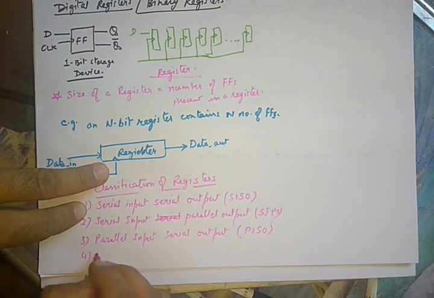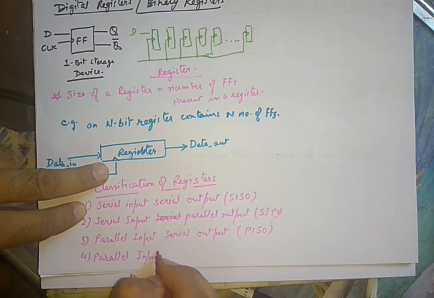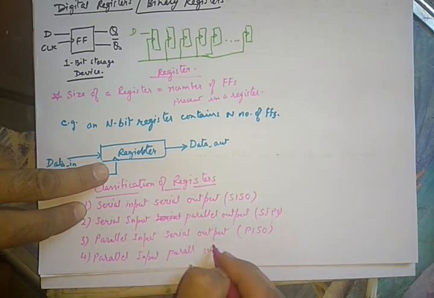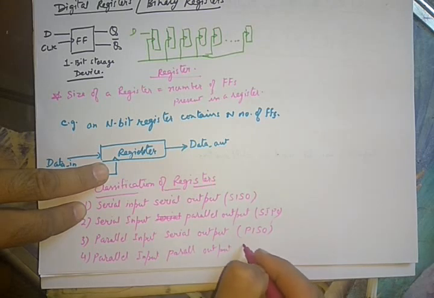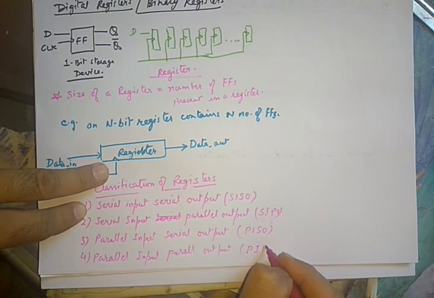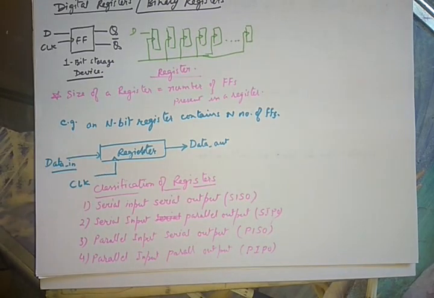And the fourth is parallel input parallel output register, that is PIPO. Shortly we can call them SISO, SIPO, PISO, PIPO. Okay.